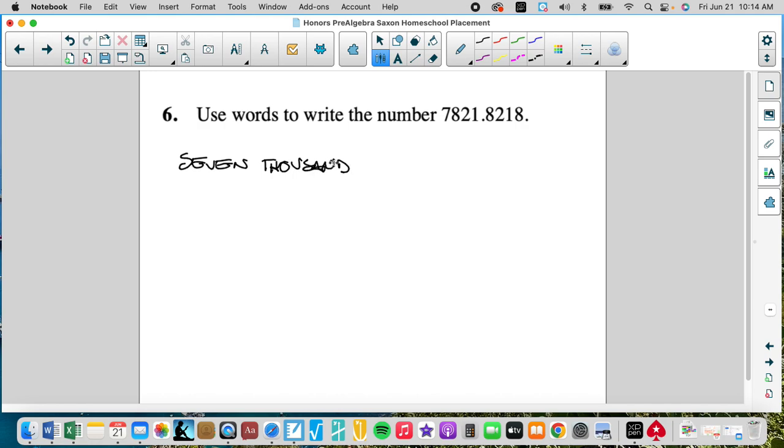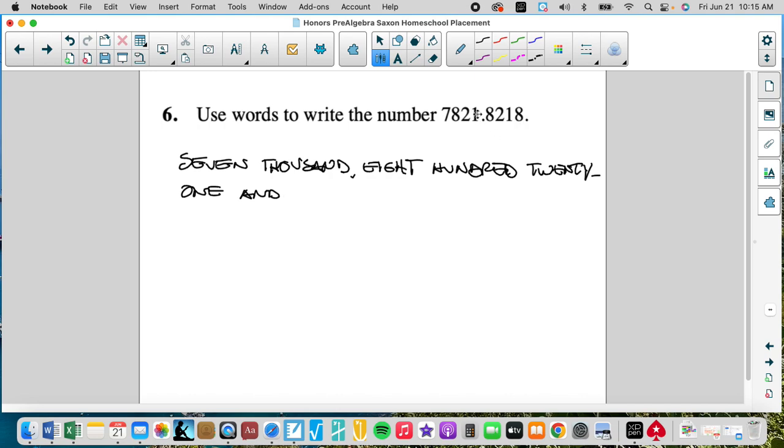No end here. 7,000, pause, comma. And then we do 821, 821 dash 1. And the end represents the decimal point.